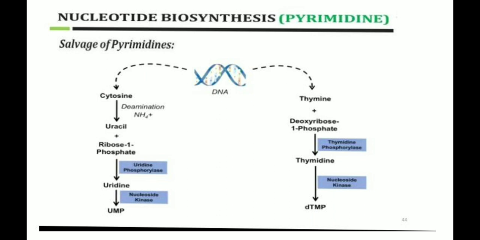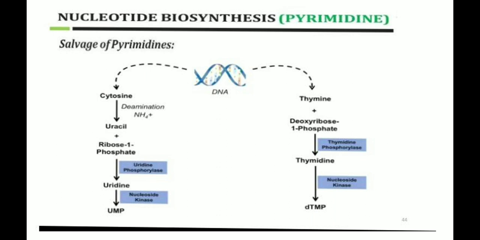So by the deamination process, if the amino group in cytosine is removed, then it forms uracil. So when ribose 1-phosphate is converted into uridine, there is one enzyme which acts on that, a uridine phosphorylase, and then uridine is converted into UMP by the nucleotide kinase enzyme.